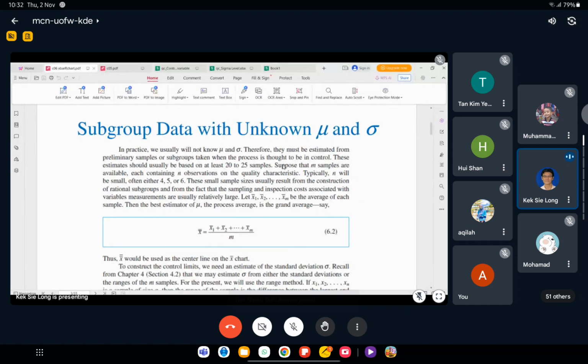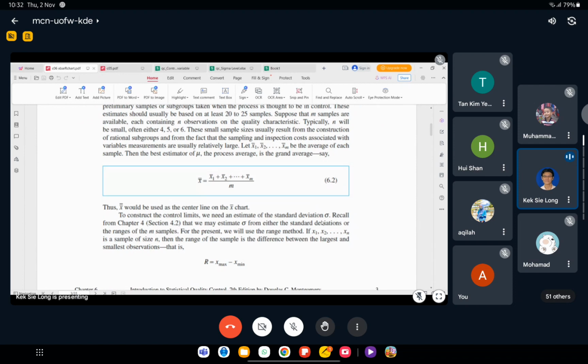This small sample size usually results from the construction of rational subgroups. So n is the number of observations, and m refers to the samples. How many samples? There are m samples. Then how many observations? Normally 4, 5, or 6.